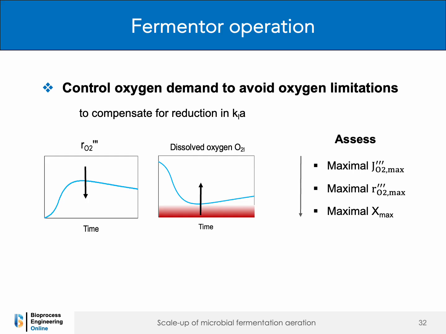These guidelines rely on a quantitative evaluation of the maximum achievable oxygen transfer rate under the selected operating conditions at the target scale, the maximum oxygen consumption rate expected during the course of the fermentation, and the maximum biomass concentration that can be safely attained without oxygen becoming limiting.